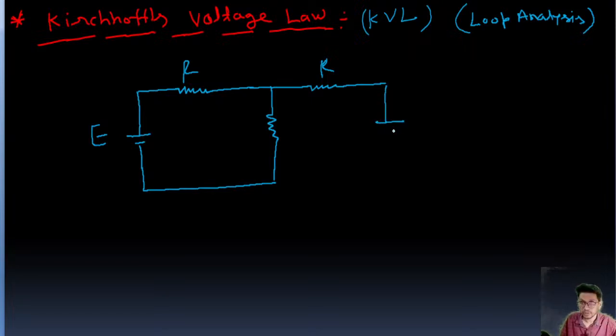So this is the diagram, guys. This voltage is 2E. Now we can use loop analysis.